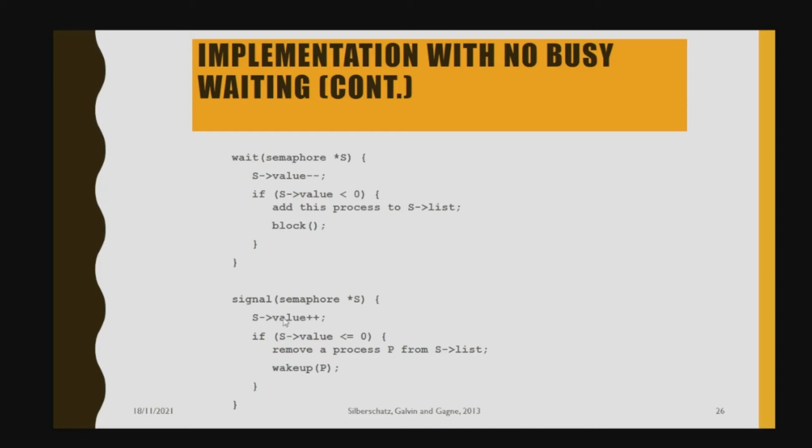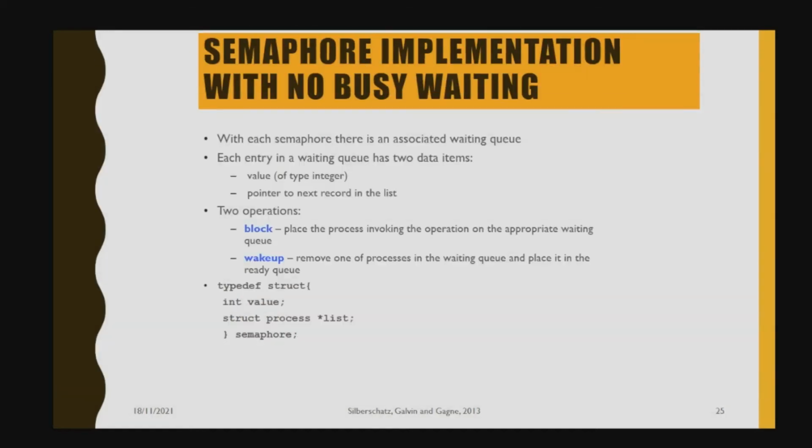For signal, we increment the value, and if the value is less than or equal to 0, we remove a process P from the semaphore list and then call the wakeup function. So this is the implementation with the two main operations: block and wakeup.